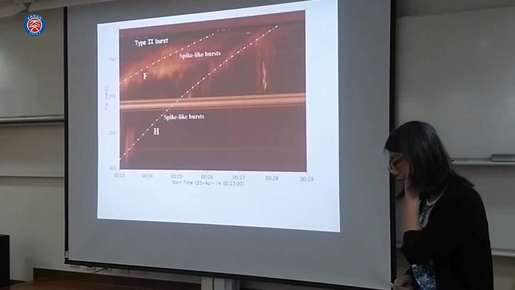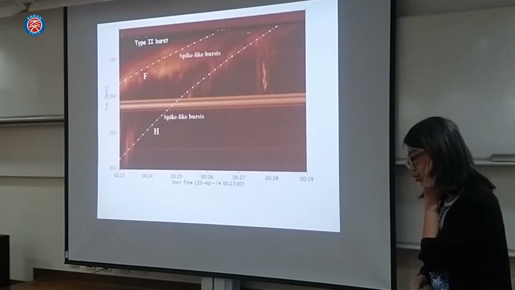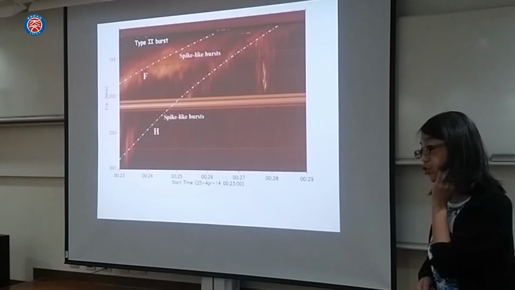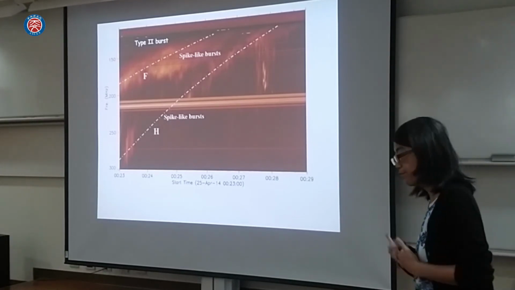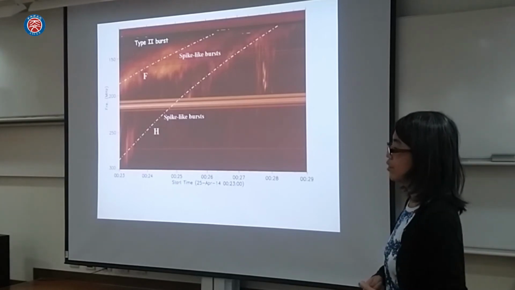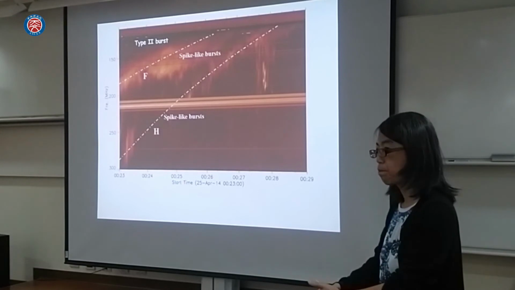I said before that the type 2 radio burst is usually caused by a CME-driven shock. If the CME moves fast enough, there will be a shock formed in front of the CME.